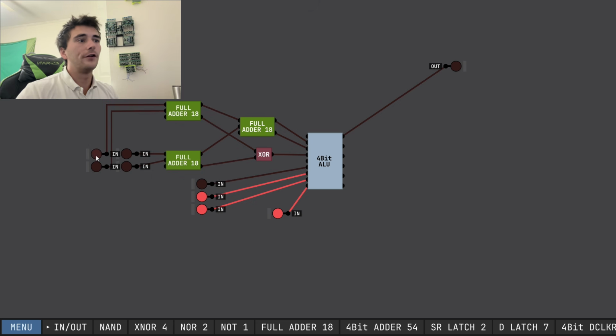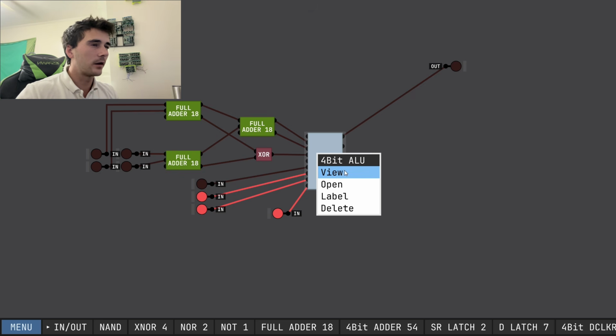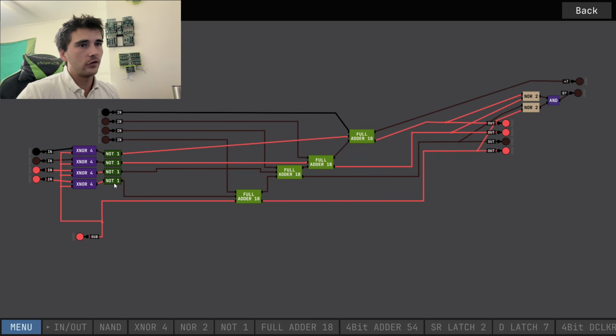So let's look a little bit under the hood of this ALU because it's slightly modified. We have the little subtraction that we always have over here, and this little logic system that lets us know if the output is 0. And this one right here allows us to know if the output is positive or negative.